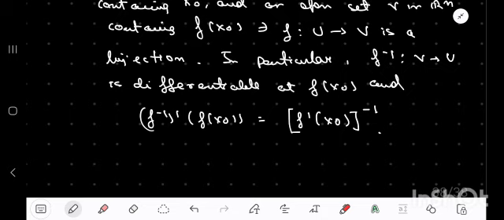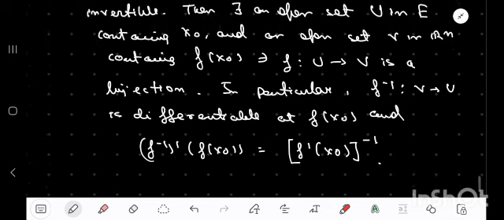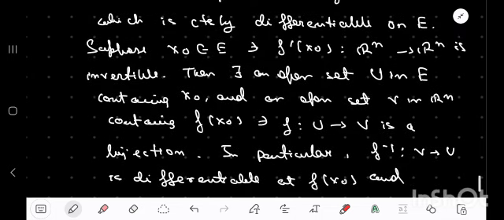So this is the simple statement of the inverse function theorem. I shouldn't call it simple, but once you go through it once more, it actually seems a bit simple. What does it basically tell you?